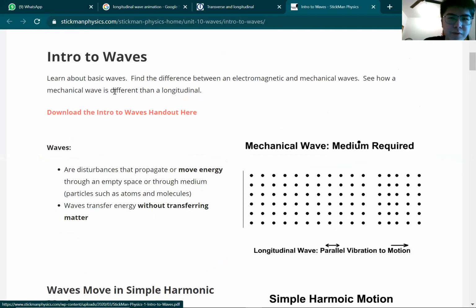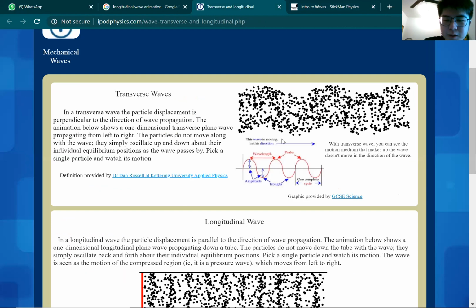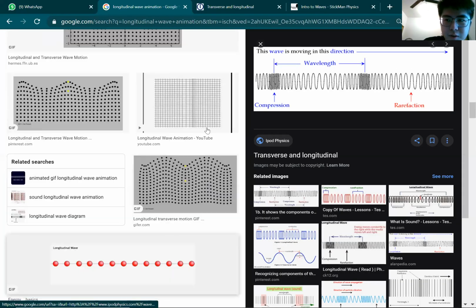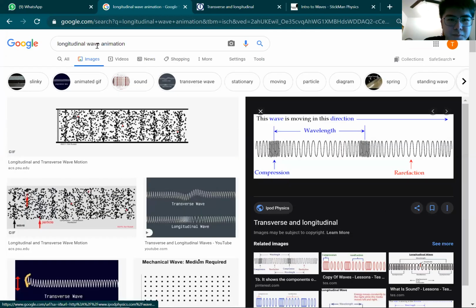Let's see if we have any good one. Let's do transverse.